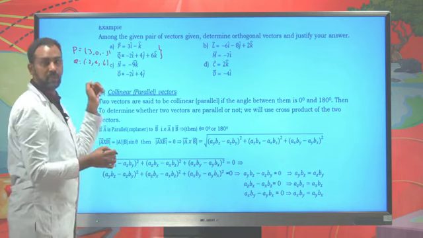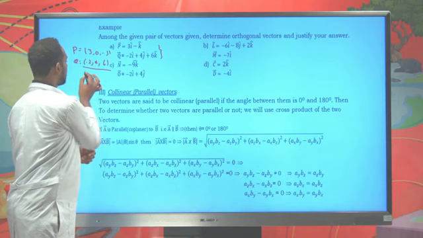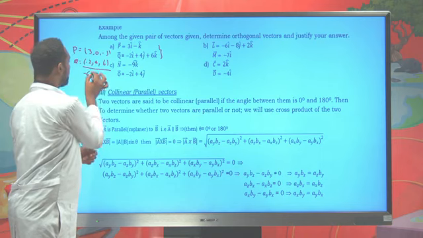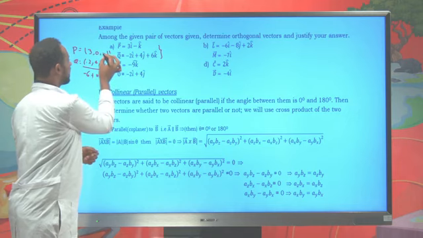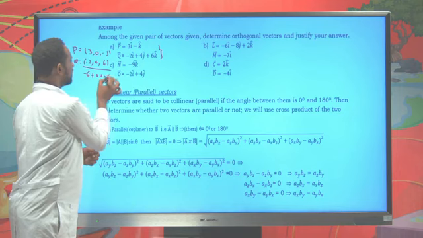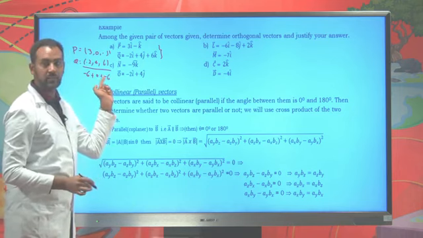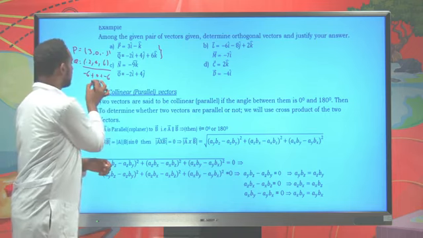Therefore, you have to multiply each respective component. 3 by -2 gives us -6, plus 0 times 4 is 0, plus here you do have -1 times 6 gives us -6. Therefore, -6 plus 0 plus -6 gives us -12.